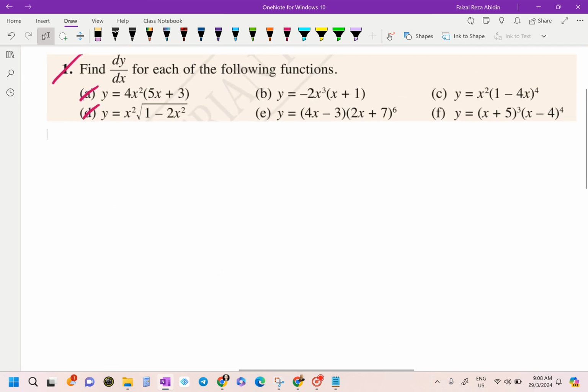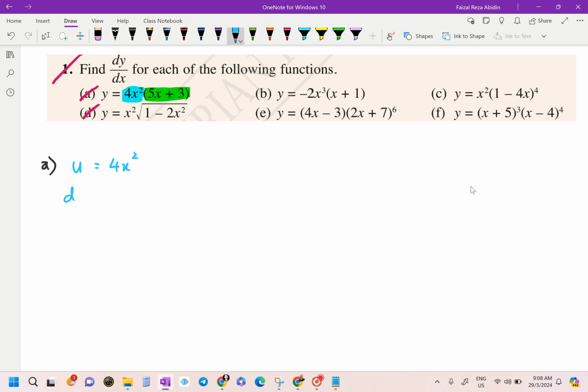Find the differentiation for each of the following functions. We have our number 1A. What I'm going to do here is use the product rule. This one we have 4x squared, and the second one we have 5x plus 3. So what you are going to do first is I'm going to have my u, which is 4x squared.